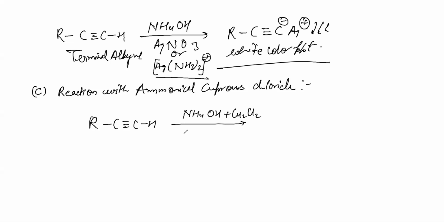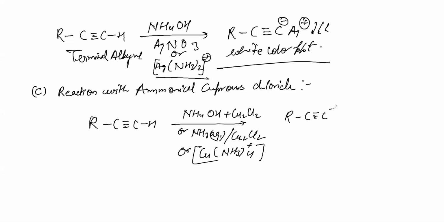So don't get confused. See, they can write ammoniacal cuprous chloride like this. So we get this red brown precipitate.